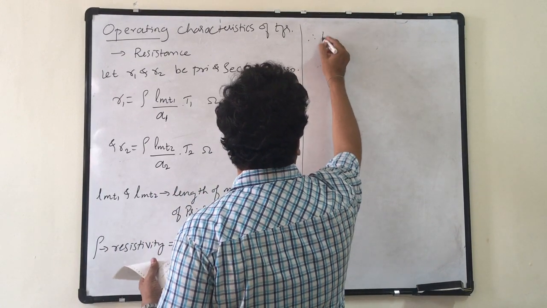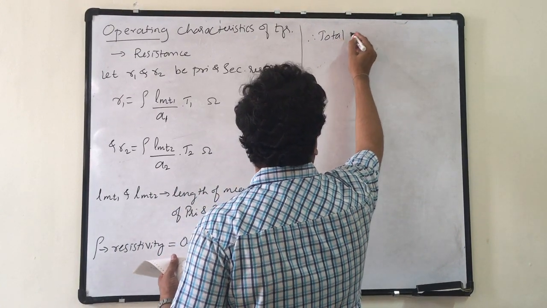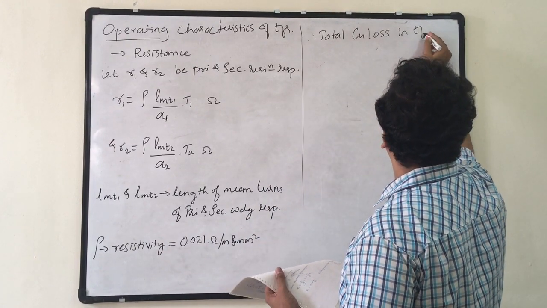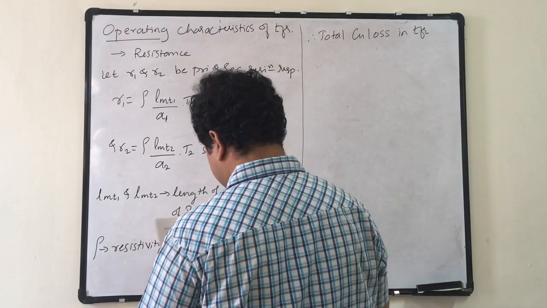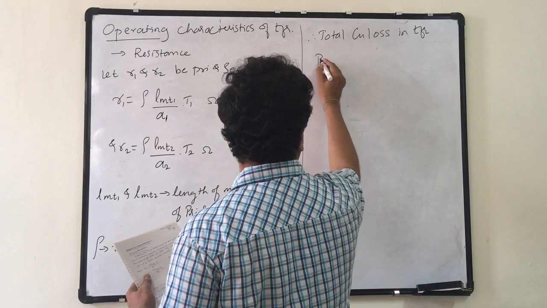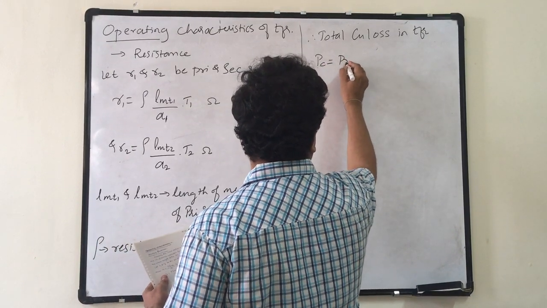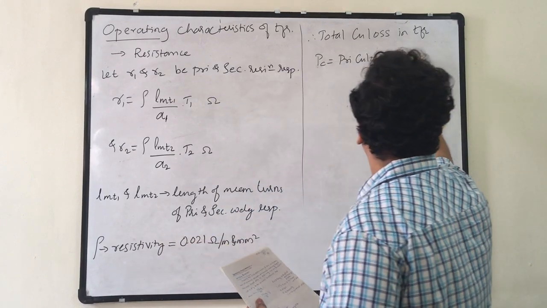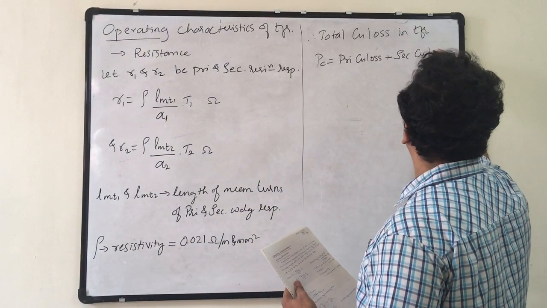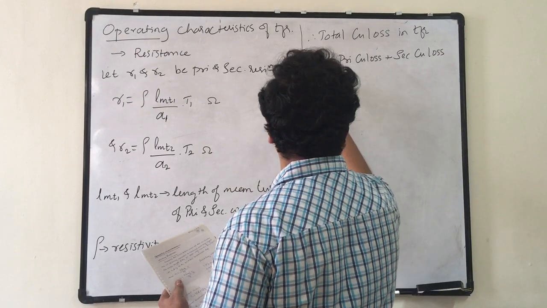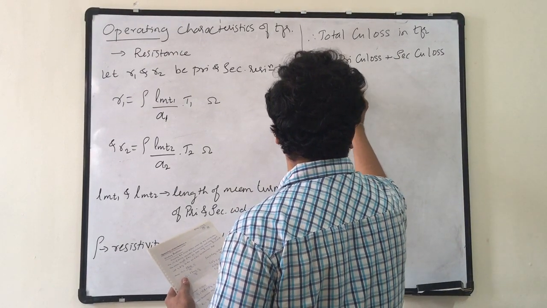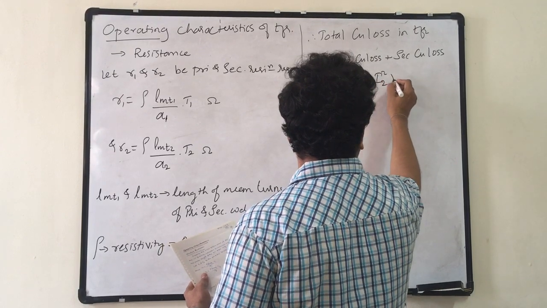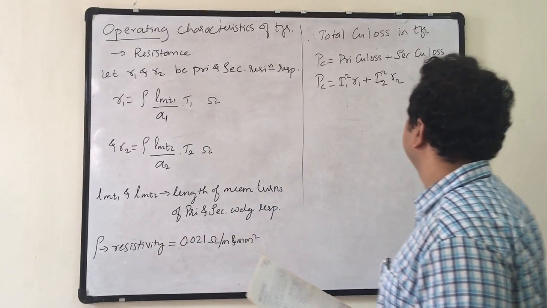Therefore, total copper loss in transformer PC is equal to primary copper loss plus secondary copper loss. That is PC is equal to I1 square R1 plus I2 square R2 watts.